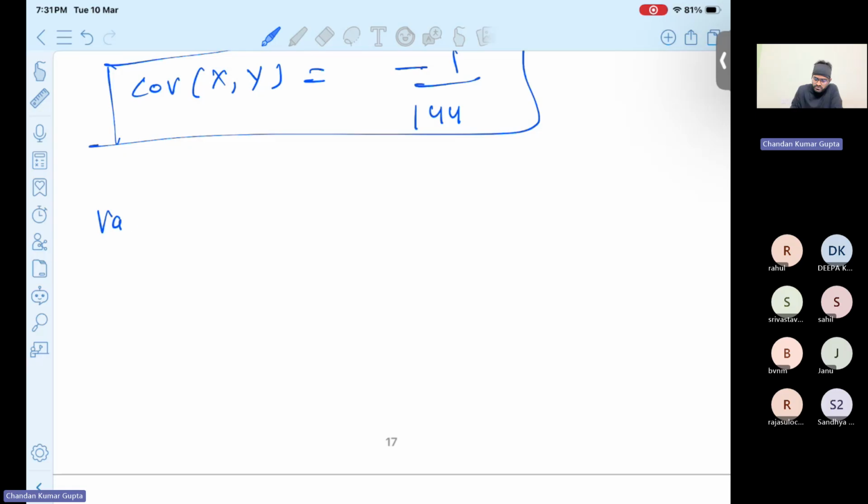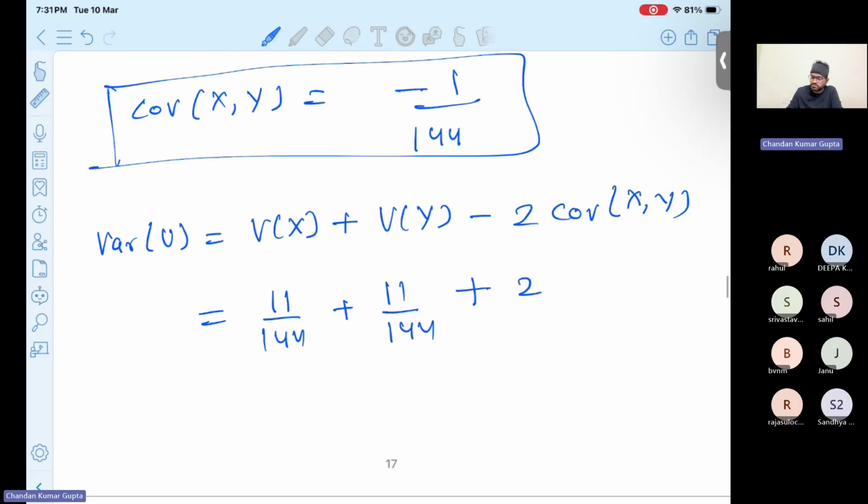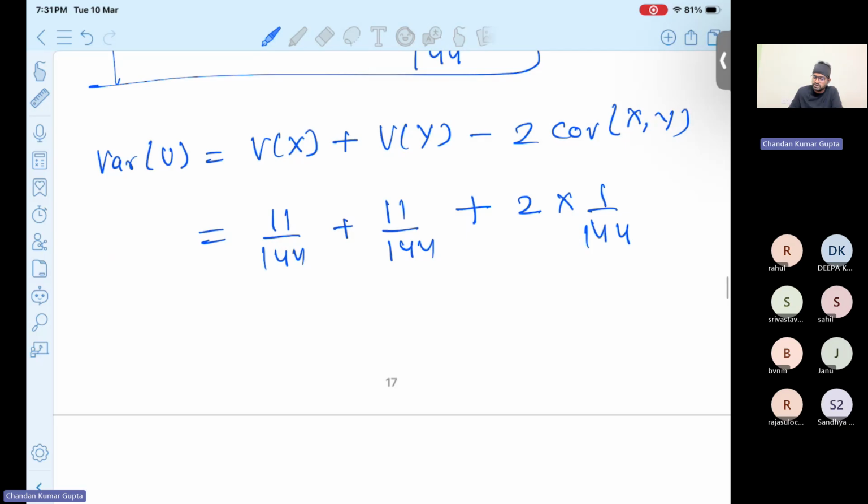So now the variance of u is equal to the variance of x plus the variance of y minus twice the covariance of xy. The variance of x is 11 upon 144 plus the variance of y, which is also 11 upon 144, minus twice the covariance. The covariance is also negative, so minus minus comes out to be plus 2 into 1 upon 144.